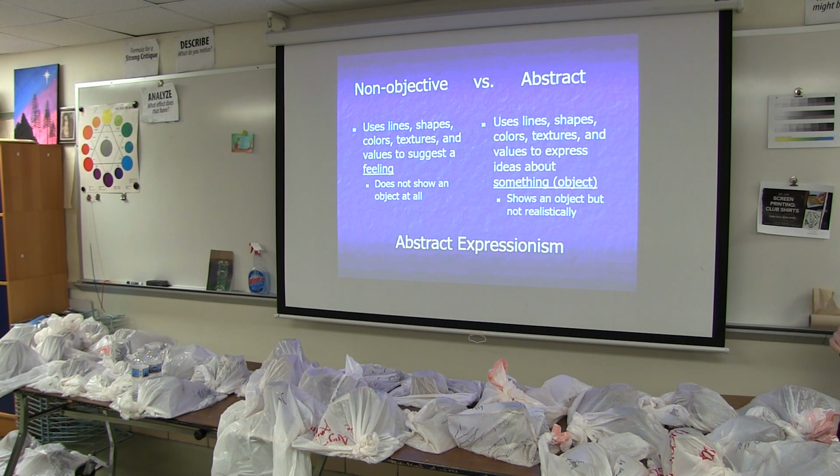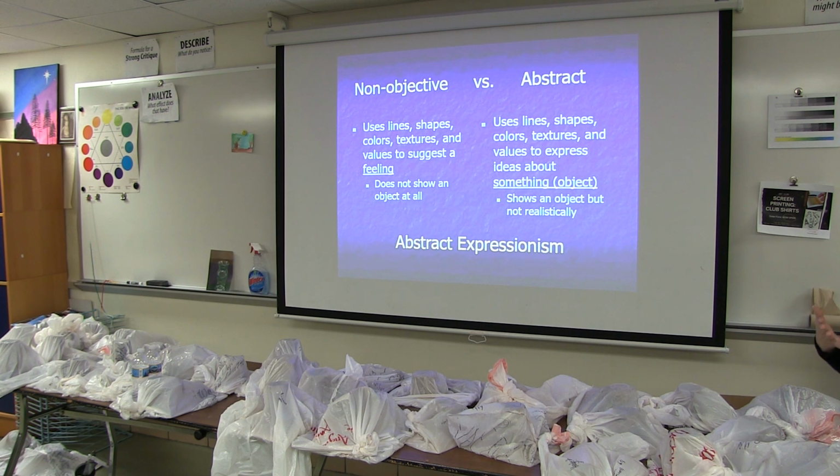We'll add to that. So you may have heard the term abstract when we refer to art, right? Non-objective and abstract can sometimes be used interchangeably, but I want you to understand the difference so you can use terms accurately. Non-objective means that it uses lines, shapes, colors, textures, and values, those elements of art we call the formal elements, to suggest a feeling.